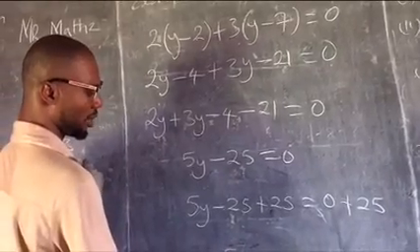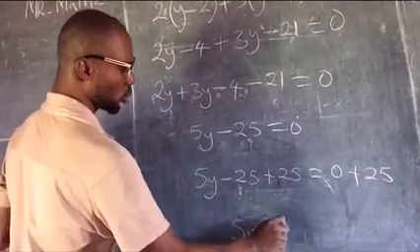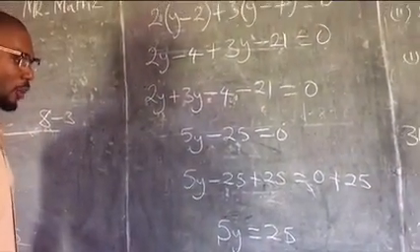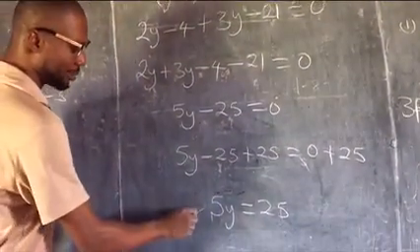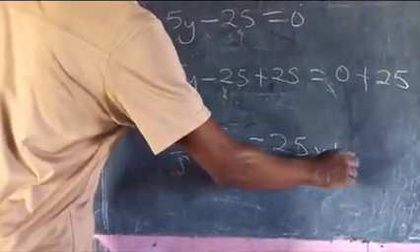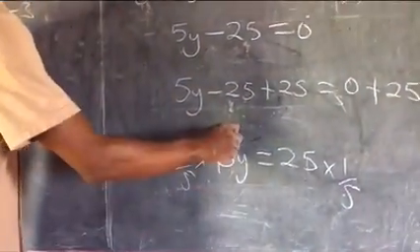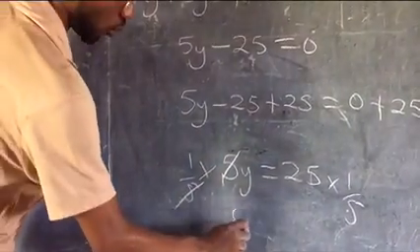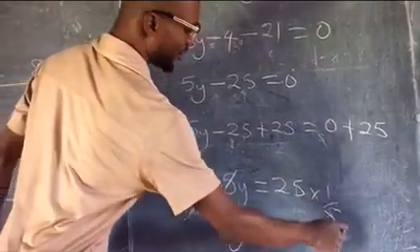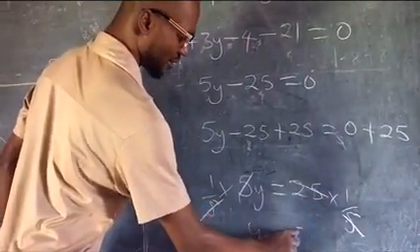So my answer will be 5y equal to 25 here. Then what will happen now? I'll multiply this one by 1/5 like this. So this one will cancel this one. So I get y here. Then equal to 25 times 1/5 will give me 5.